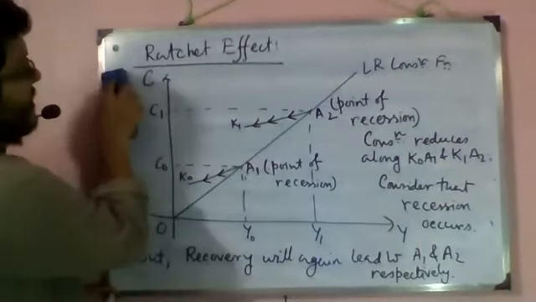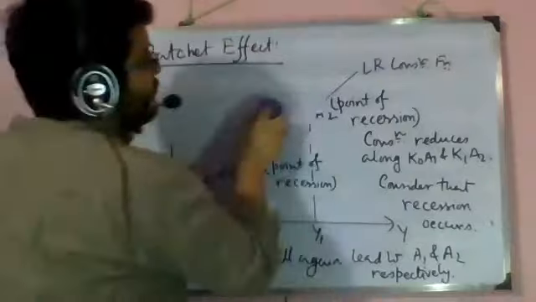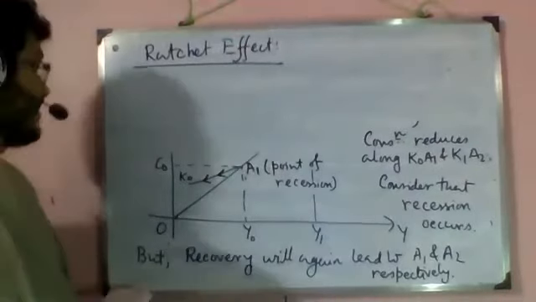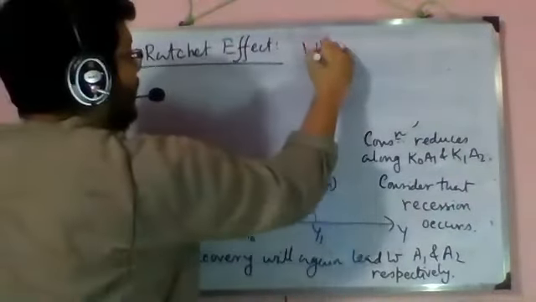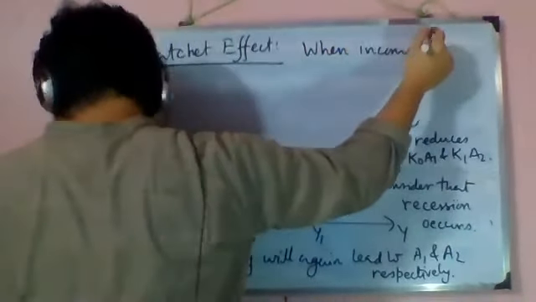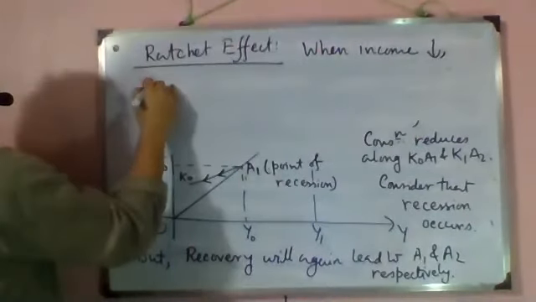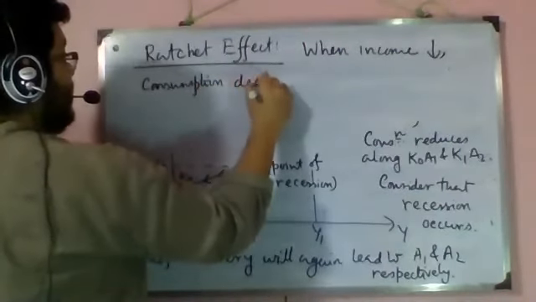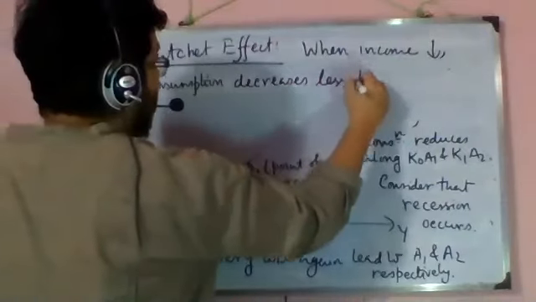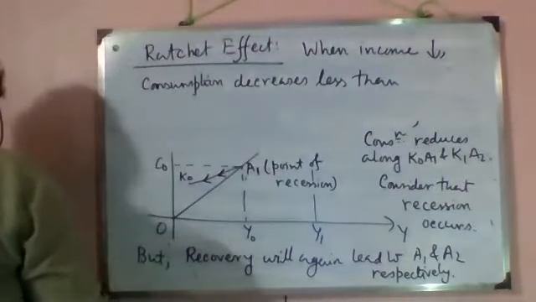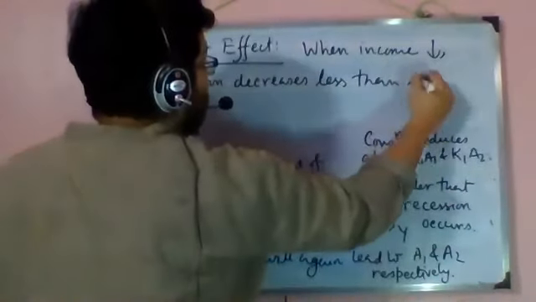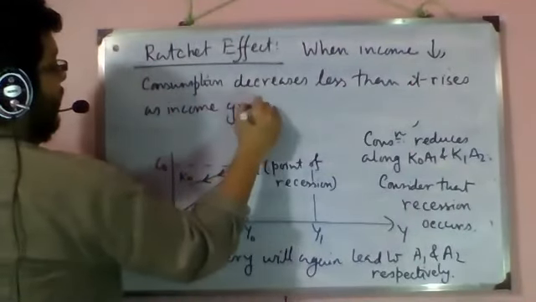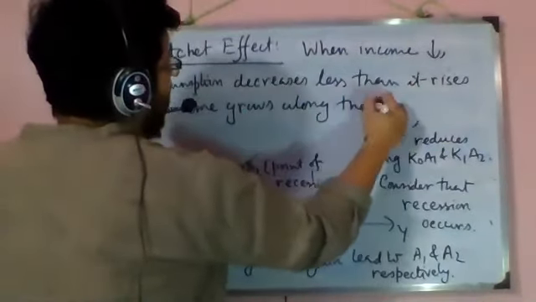Okay. So what does the Ratchet effect say? It says when income decreases, consumption decreases less than it rises as income grows along the trend line.